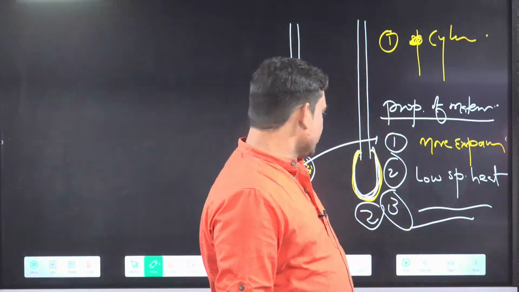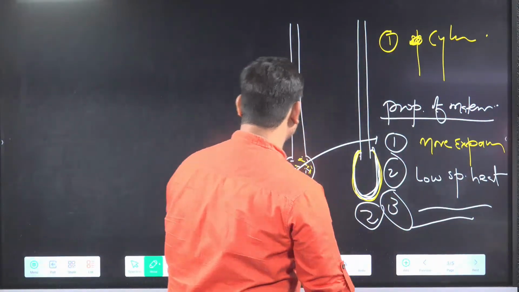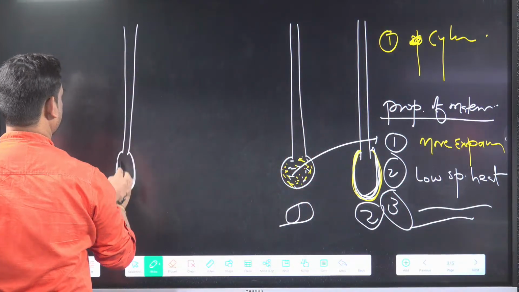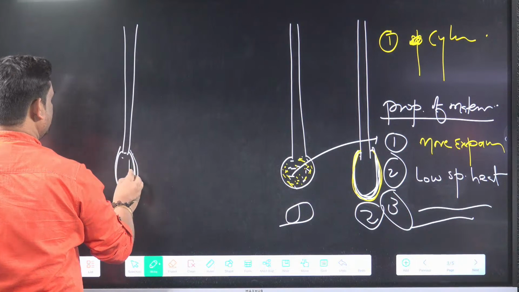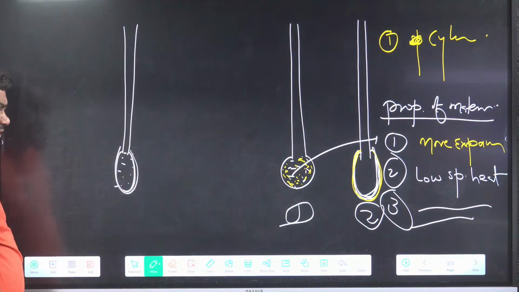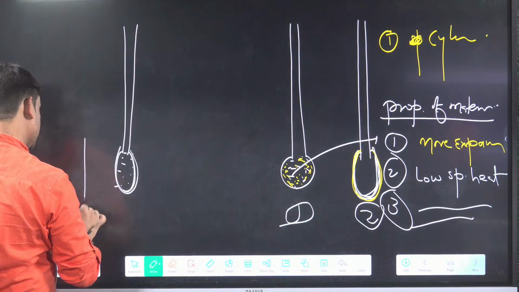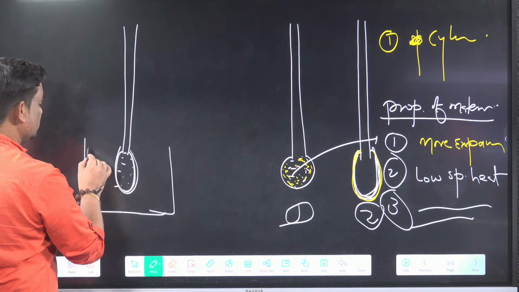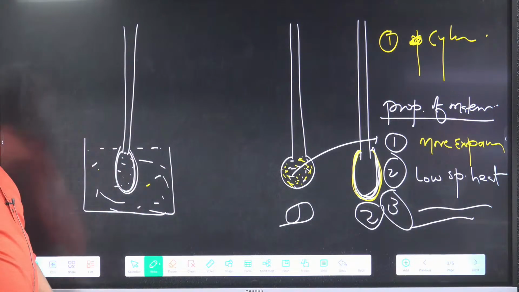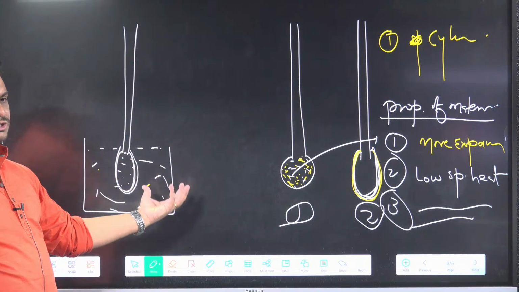Now what we'll do: you have taken this cylindrical bulb, and in this one you will fill the mercury. Then you need to take two reference points. First we'll keep this bulb at 0 degree Celsius, in ice water.